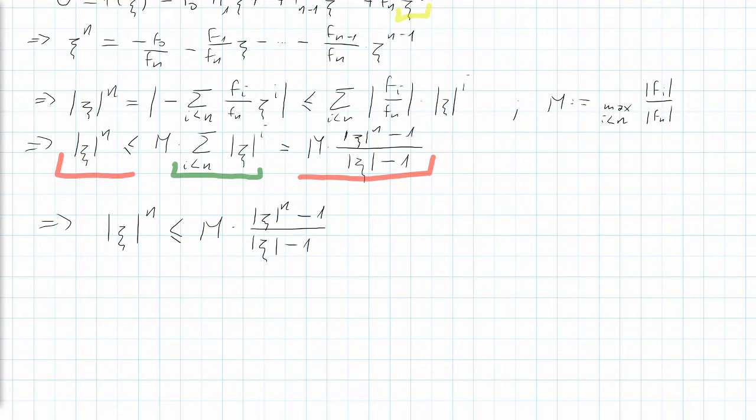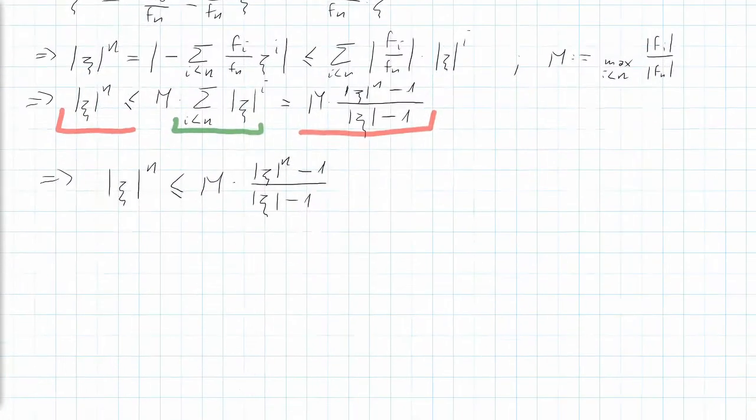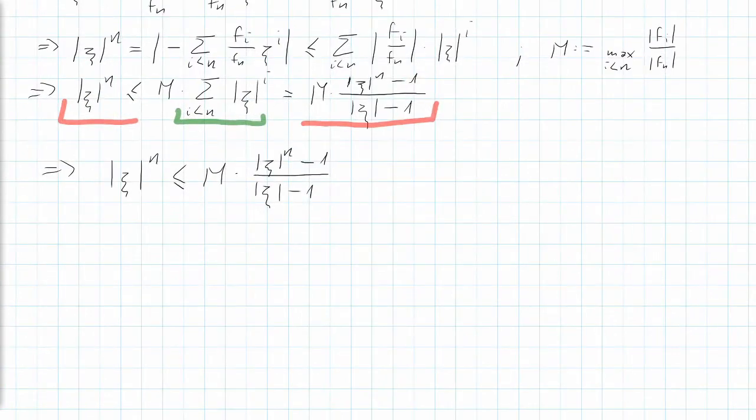Now, let us look back at our assumption from the very beginning of the proof. Here, we assumed that the absolute value of psi is strictly greater than 1. So if we look back here, the denominator of our fraction is strictly positive. So from the assumption, it follows that this is greater than 0. So we can multiply both sides.